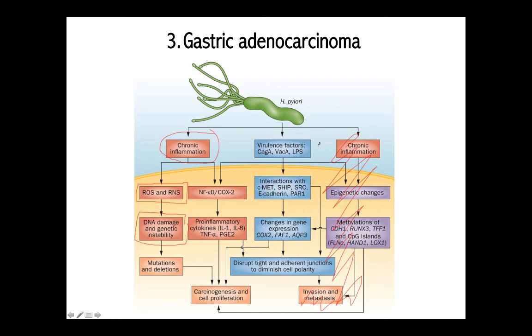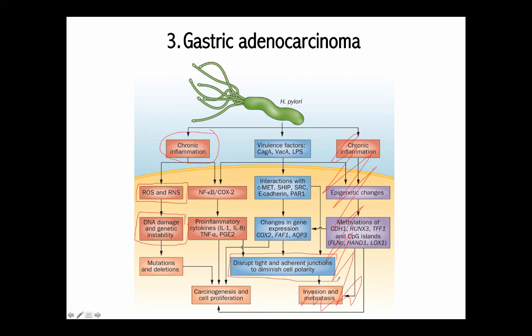In terms of these virulence factors, CagA, VacA, and then obviously endotoxin LPS, as it is a gram-negative species, so we've got endotoxin in play. There are some complicated genetic pathways which can be perturbed and lead to more aggressive tumorigenesis because of a loss of cell morphology and cell function. That's right down at the bottom here.